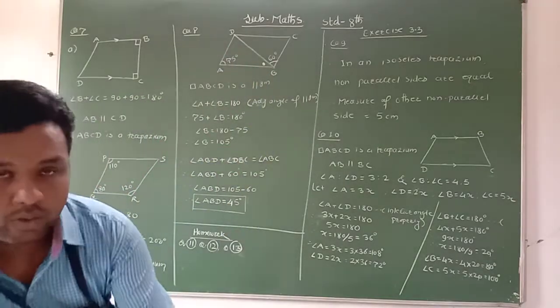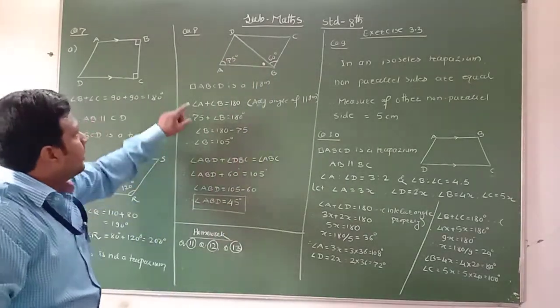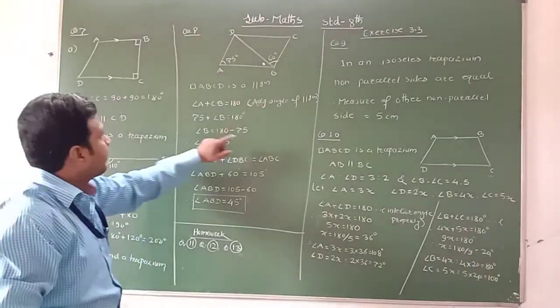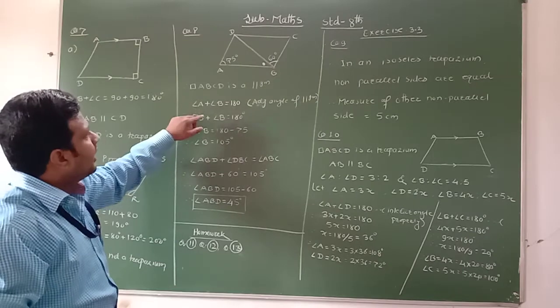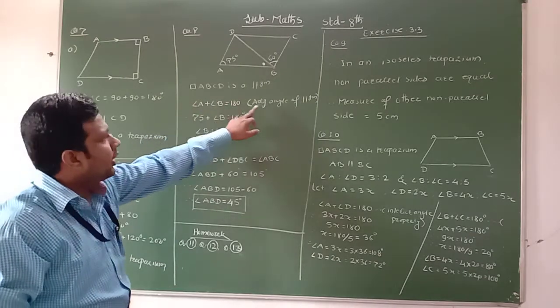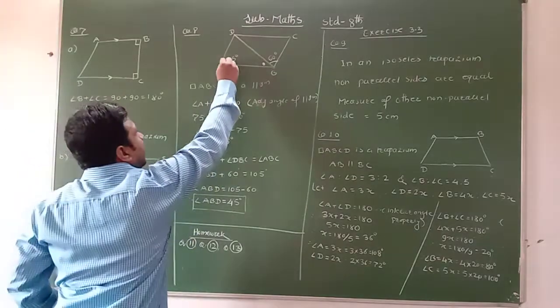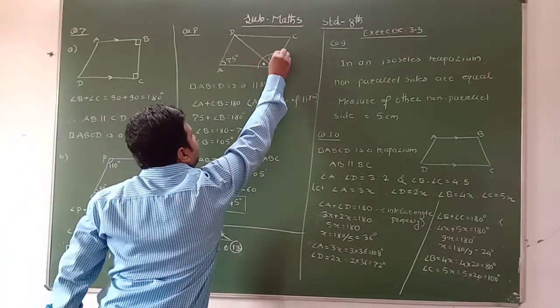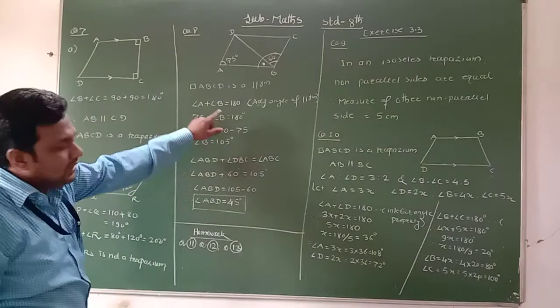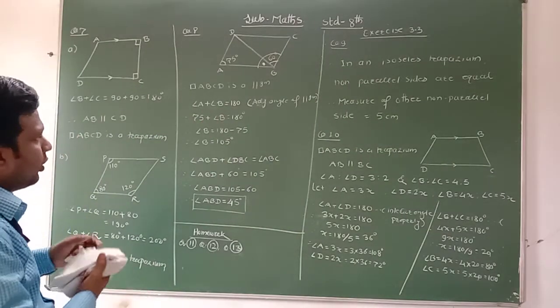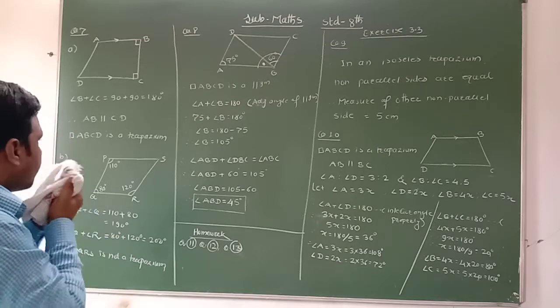Now, the question: quadrilateral ABCD is a parallelogram. Therefore, what are the adjacent angles of a parallelogram? Supplementary. Here we use the property: angle A plus angle B is equal to 180 degrees. Adjacent angles of a parallelogram are supplementary.